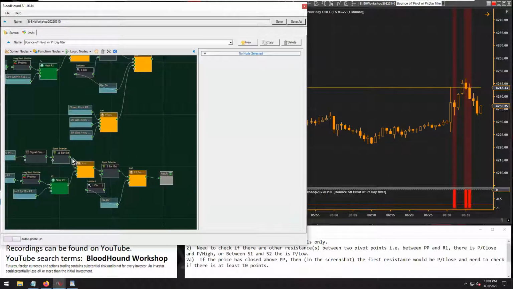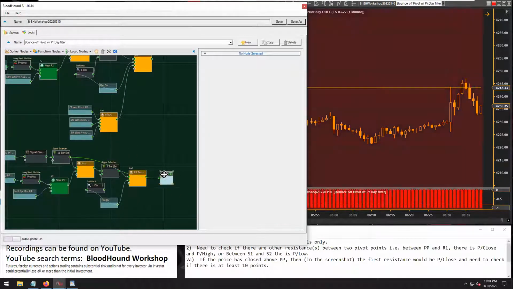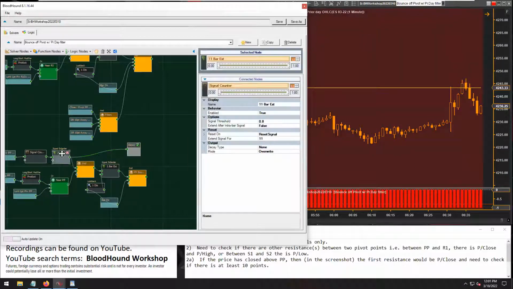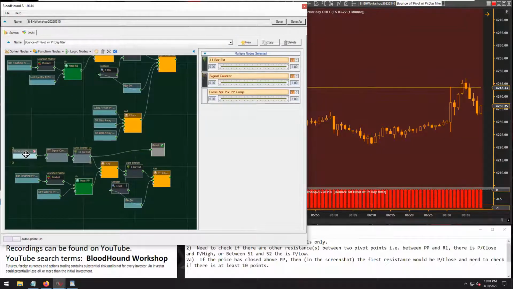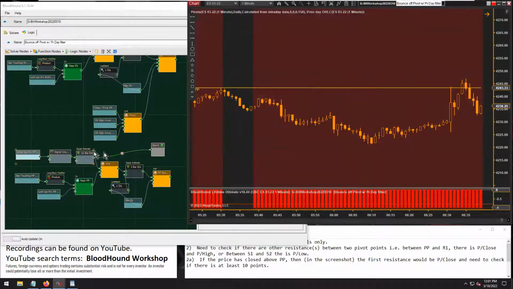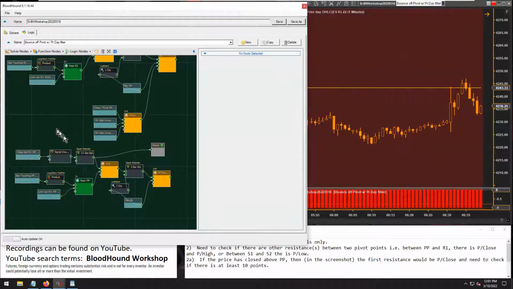And my guess is this back here. So remember, this is our 5 points of separation logic.